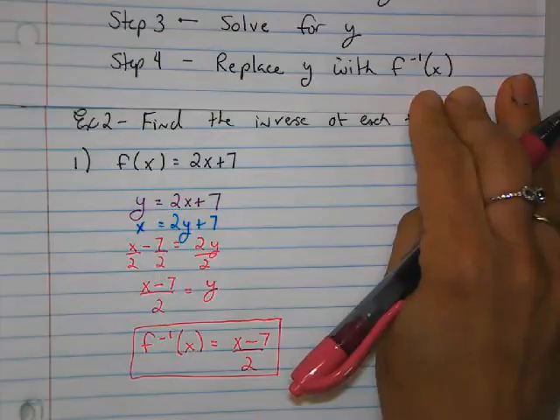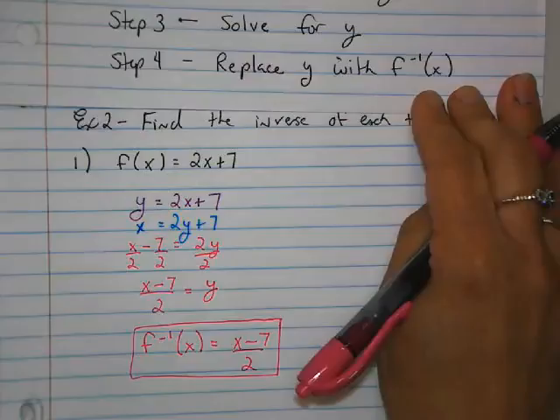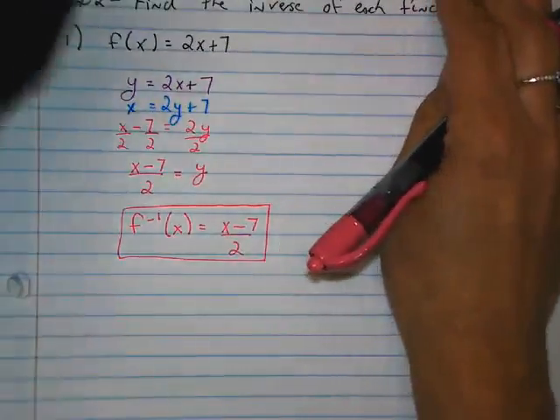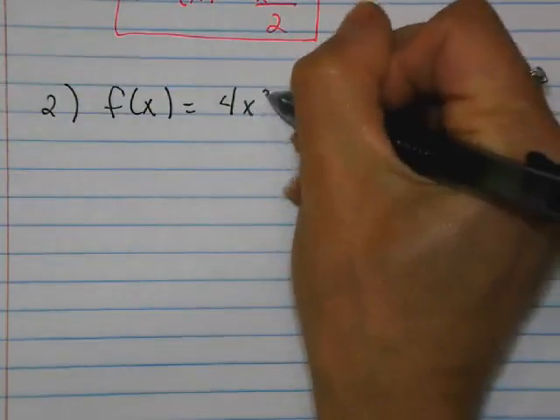Alright, don't panic if you're still shaky. We're going to walk through 2 more before I expect you to be able to handle this stuff on your own. Alrighty, and I'm going to zoom back in so that you can see a little bit more clearly, and we'll try number 2. I have f of x is equal to 4x cubed minus y.